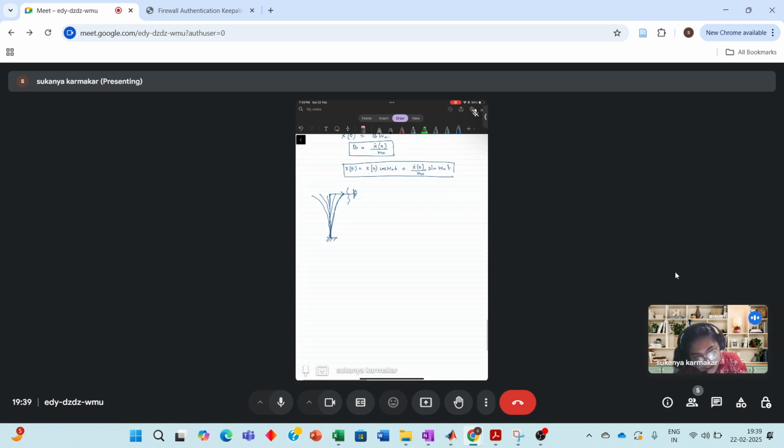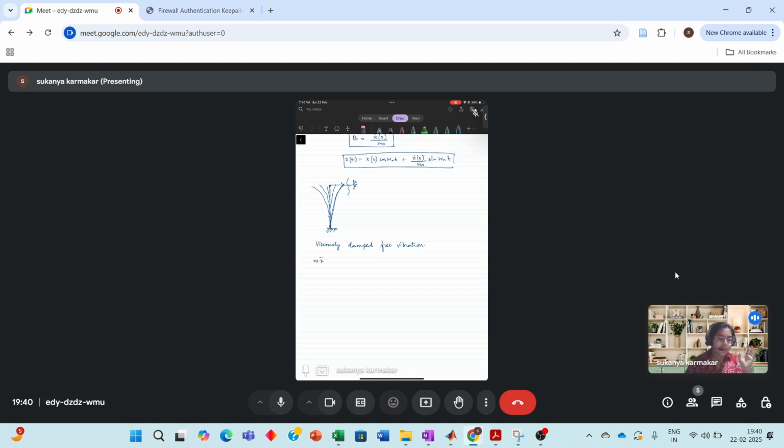Okay, so we have viscously damped free vibration. Here the equation of motion will be, I'm not drawing the spring mass damper system again.